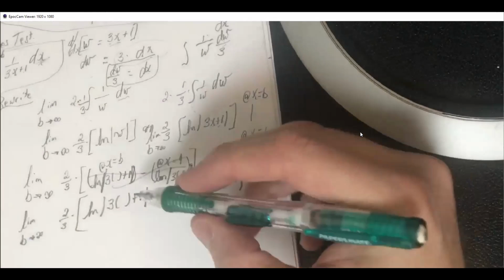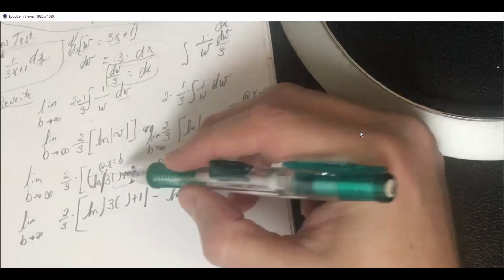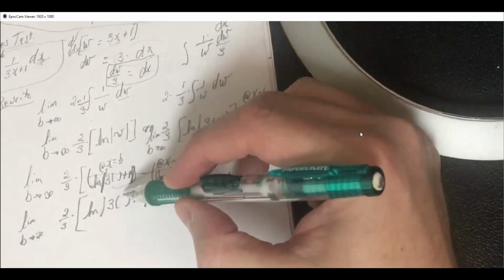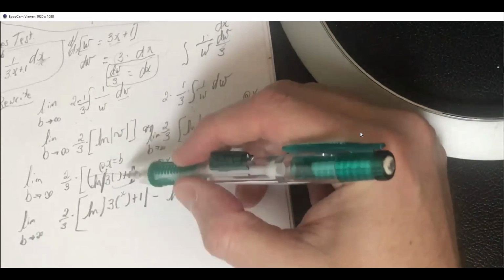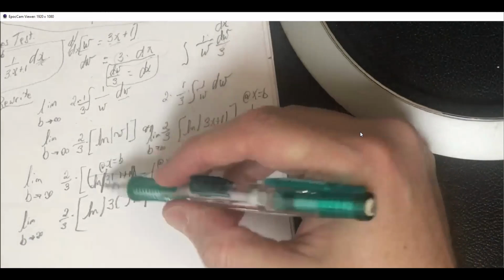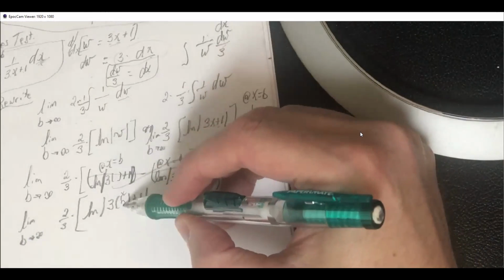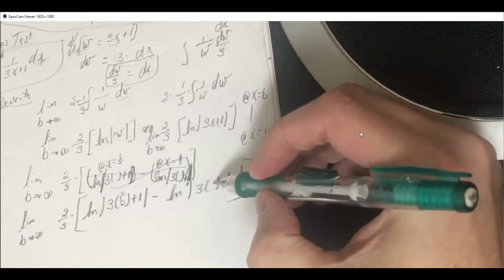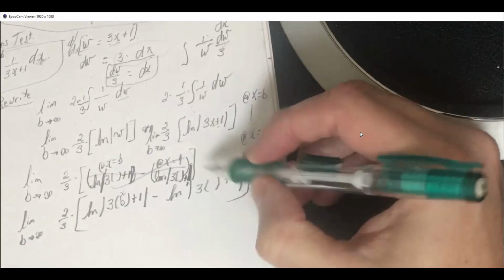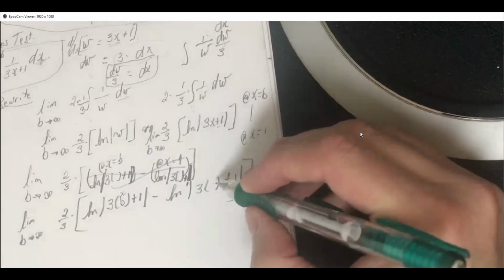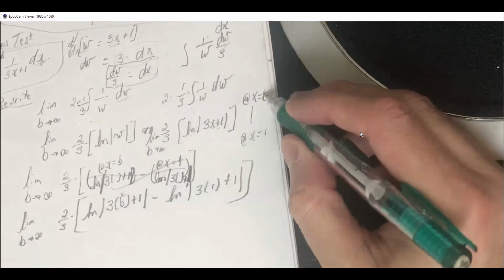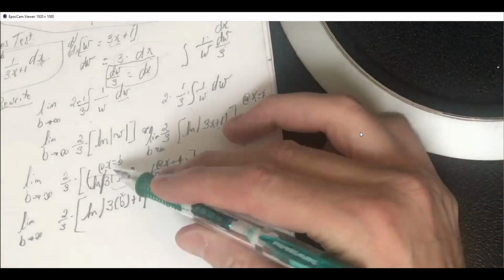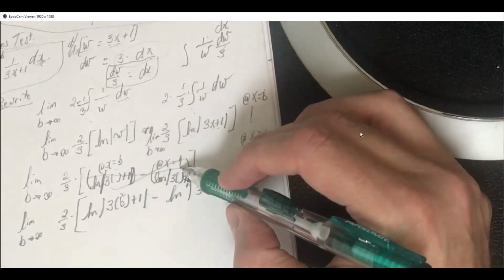So what are we going to put right here, Denise? Instead of x, we're going to put what on the front? We're going to put b. And here we're going to put in 1. Which is the upper limit of integration first and the lower limit of integration secondly.